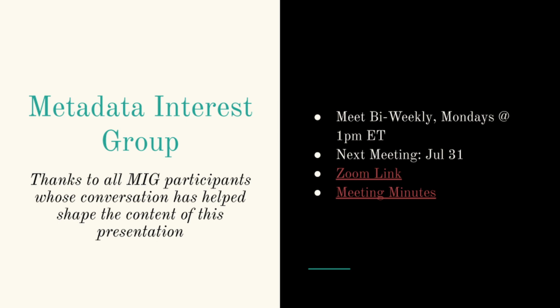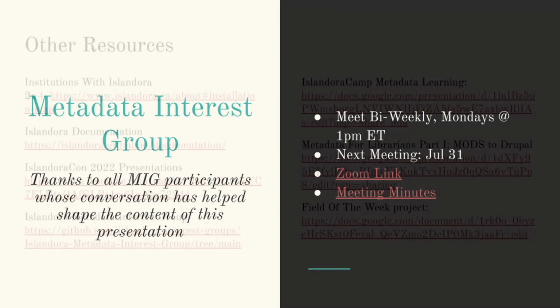When this presentation goes up, there'll be a link to the Zoom link and our most recent meeting minutes. And we always announce it on Slack, and I try to announce it over the listserv, but I've failed quite often. It's okay. I just wanted to confirm. Our next meeting is July 31st, right? The slide says August. Yes, you're absolutely right. It's July 31st. Okay. Thank you.